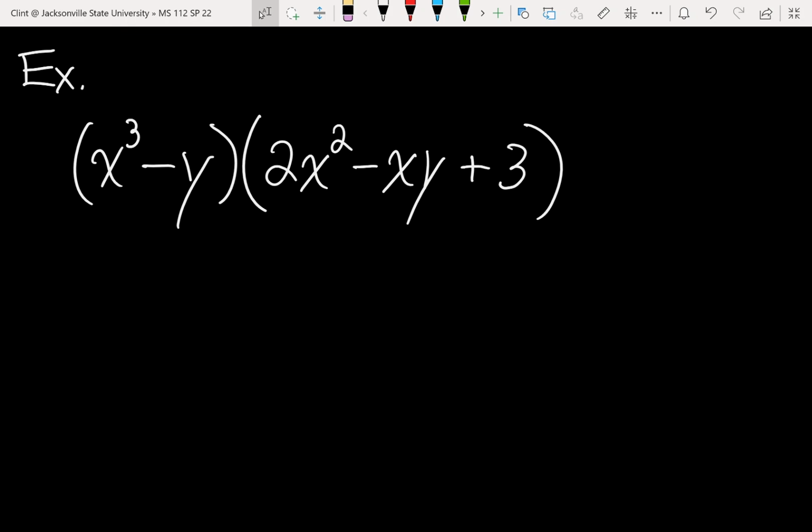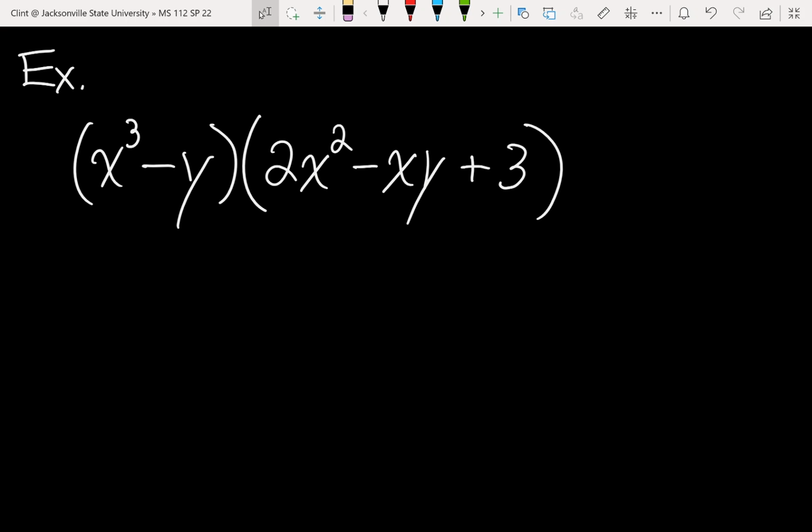Let's use what we've learned to work this one. We've got two variables, x and y. First expression has two terms. Second expression has three terms.